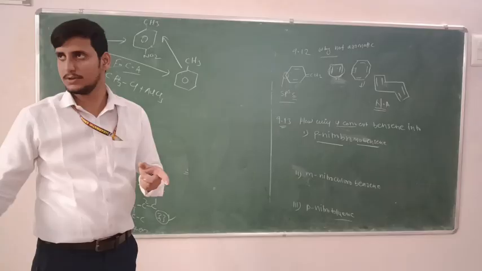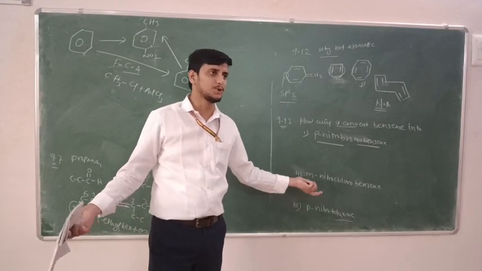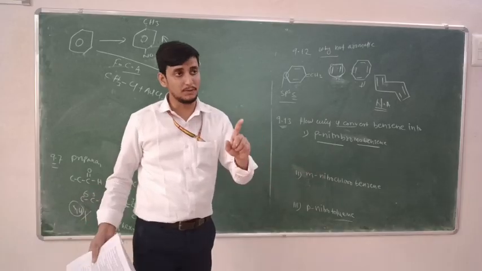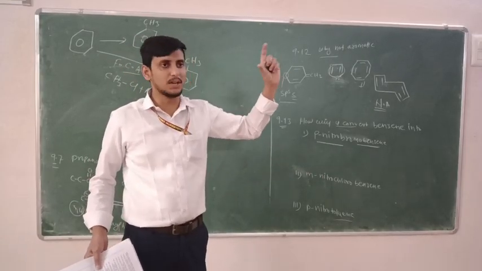is orthonitrotoluene the major or para-nitrotoluene the major? Orthonitrotoluene is the major product. But here what did he ask? Para. So give the para. But remember this, in toluene it is a special case.